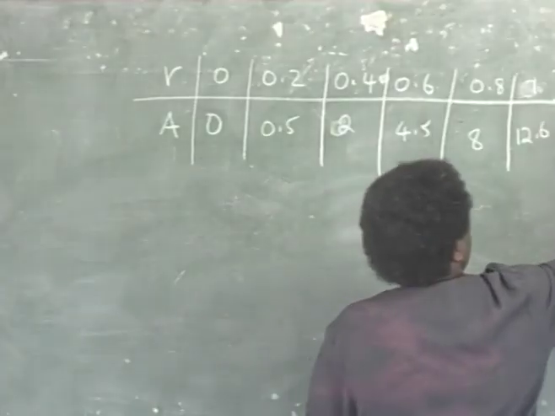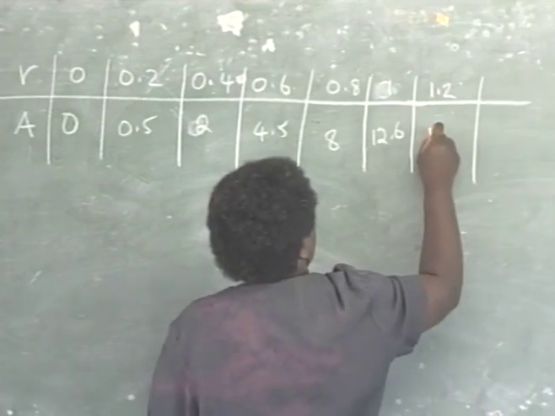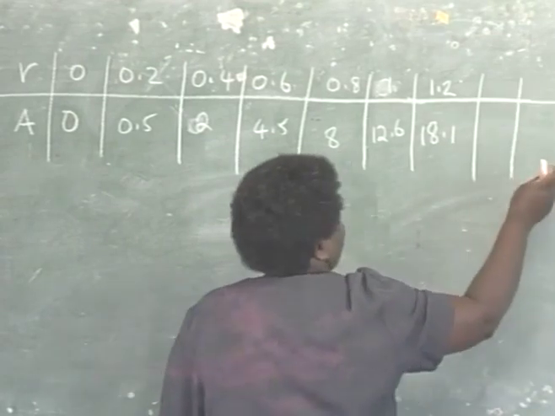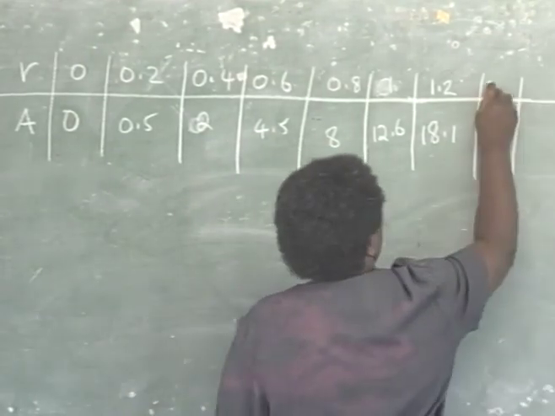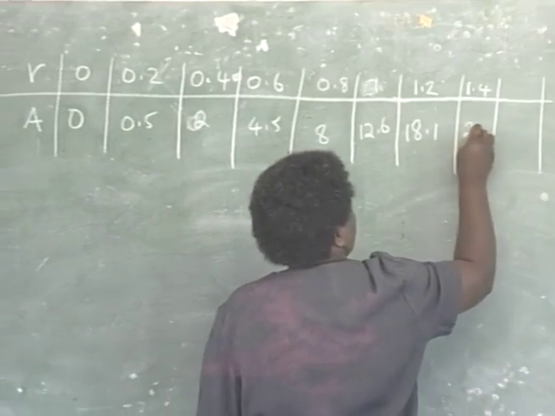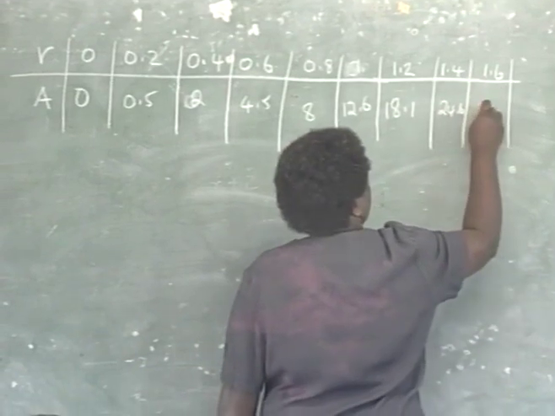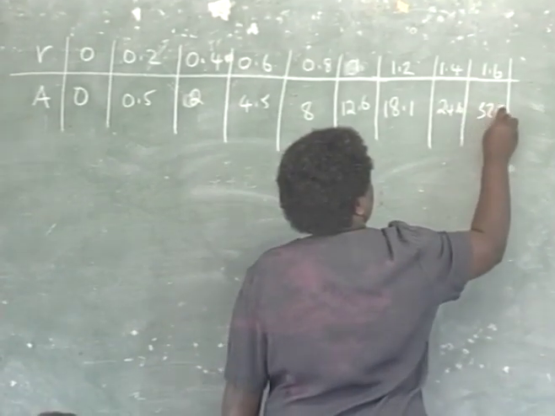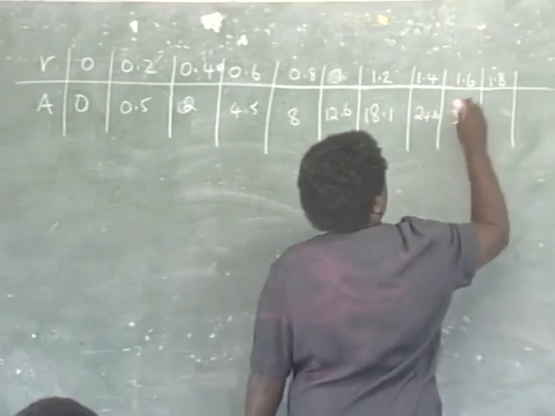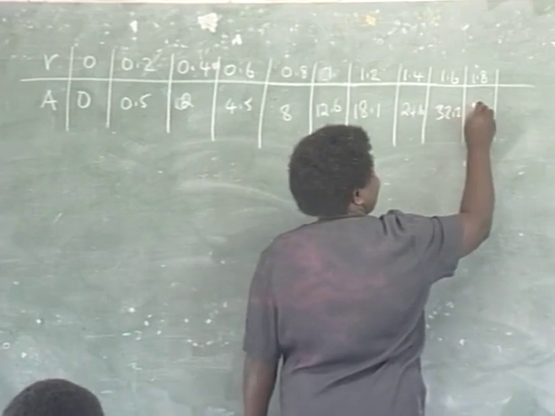When r is equal to 1.2, a is equal to 18.1. When r is equal to 1.4, a is equal to 24.6. When r is equal to 1.6, a is equal to 32.2. When r is equal to 1.8, a is equal to 40.7.